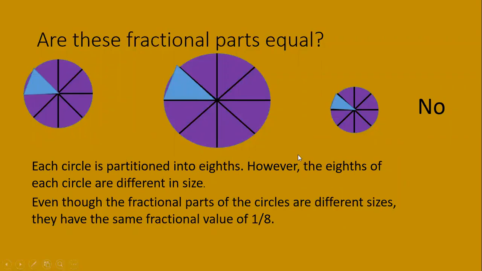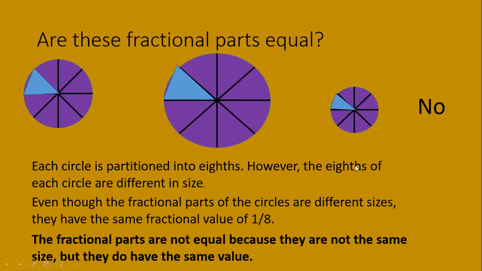So even though the fractional parts of the circle are different sizes, they have the same value. So this is 1/8, this is 1/8, and that is 1/8. Those are the same. So our answer, the fractional parts are not equal because they are not the same size, but they do have the same value. Remember, always consider the size and the value.